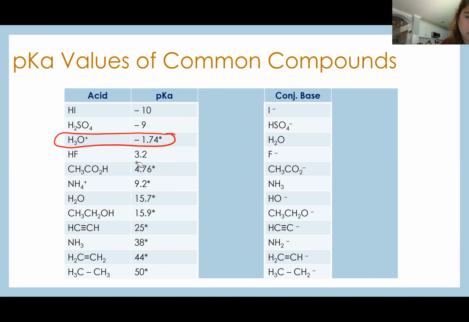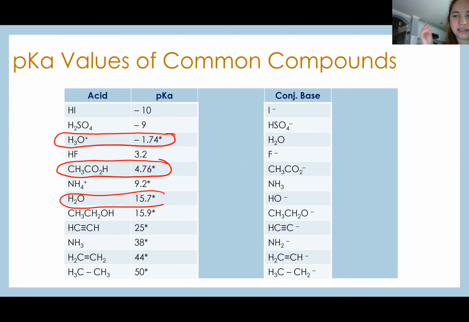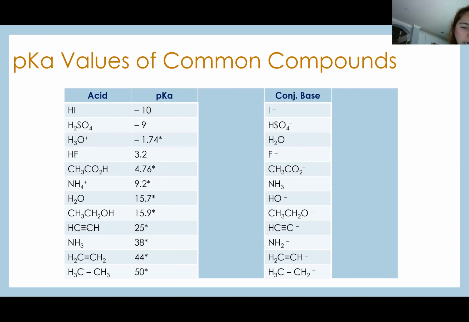But notice we also have acetic acid here at a pKa of 4.76. Most carboxylic acids tend to be somewhere between 3 and 5. Then we have ammonium at 9.2. Water, another one to have in your head, is 15.7. Ethanol is at 15.9.